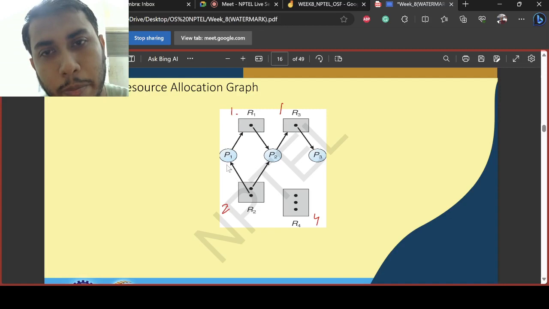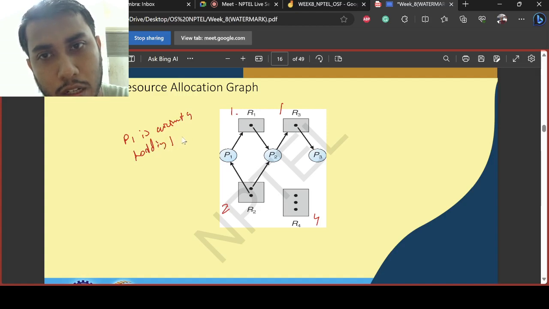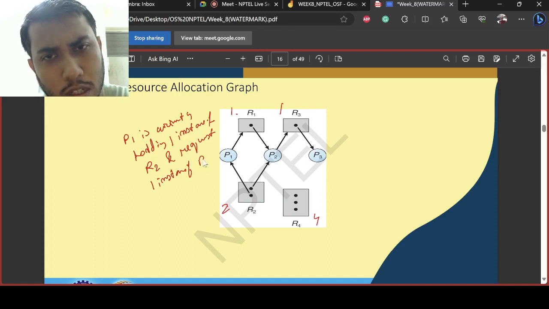This means P1 is currently holding 1 instance of R2 and requesting 1 instance of R1.